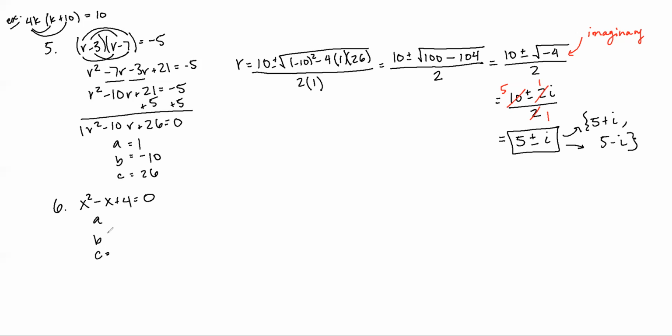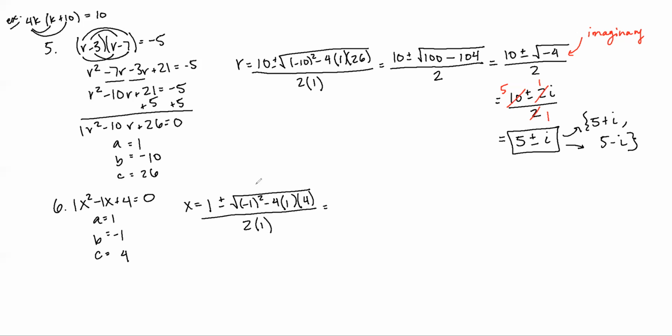So we have A, B, and C. A is 1, B is -1, C is 4. So we get x equals the opposite of B, so +1, plus or minus the square root of B squared, so -1 squared, minus 4 times A, so times 1, times C, so 4, and then all over 2 times 1.